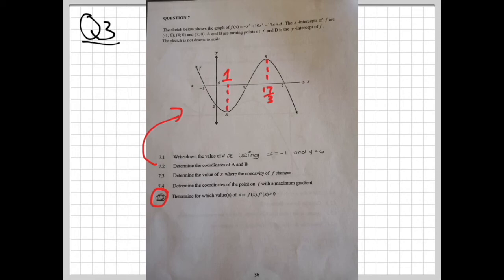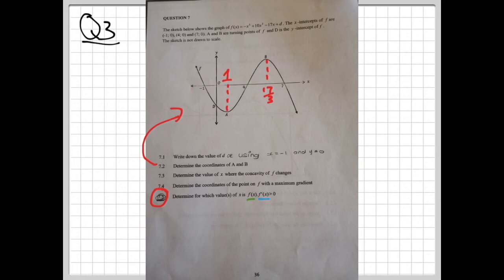So when I have a look at this question, I don't want to just go into, in my head, working with positives and negatives and where it's increasing and decreasing. So what I'm going to rather try and do is I like to color code this. In other words, I'm going to make f(x), my y values, green, and f'(x), where the graph is increasing or decreasing, I'm going to make blue.